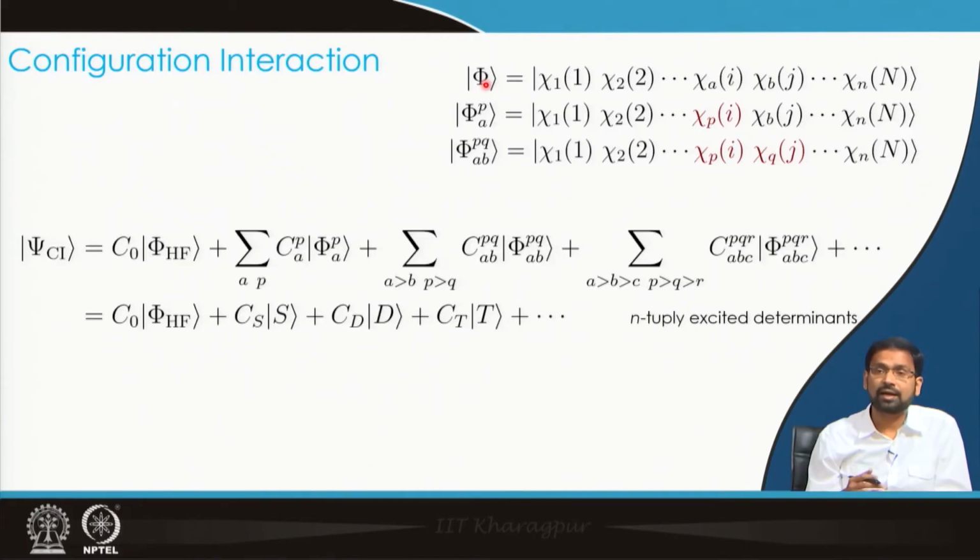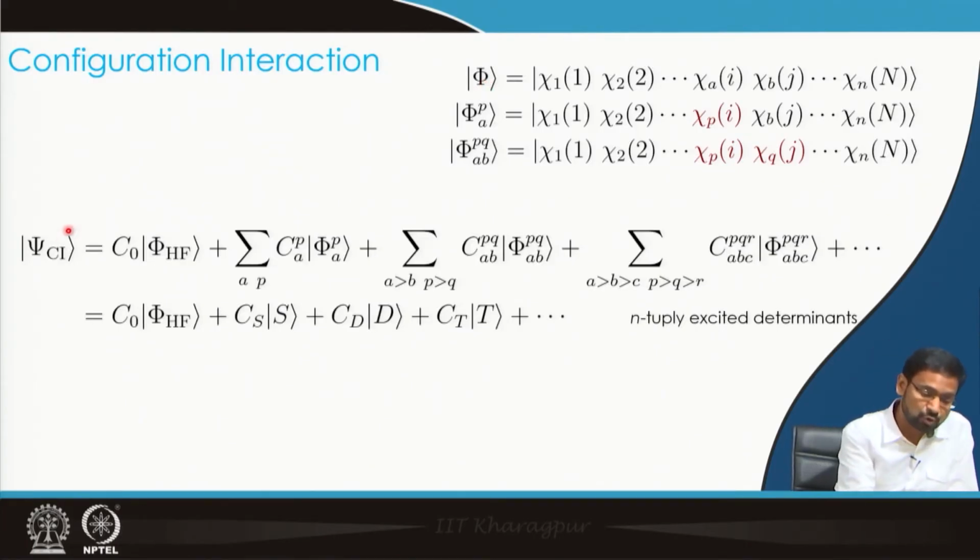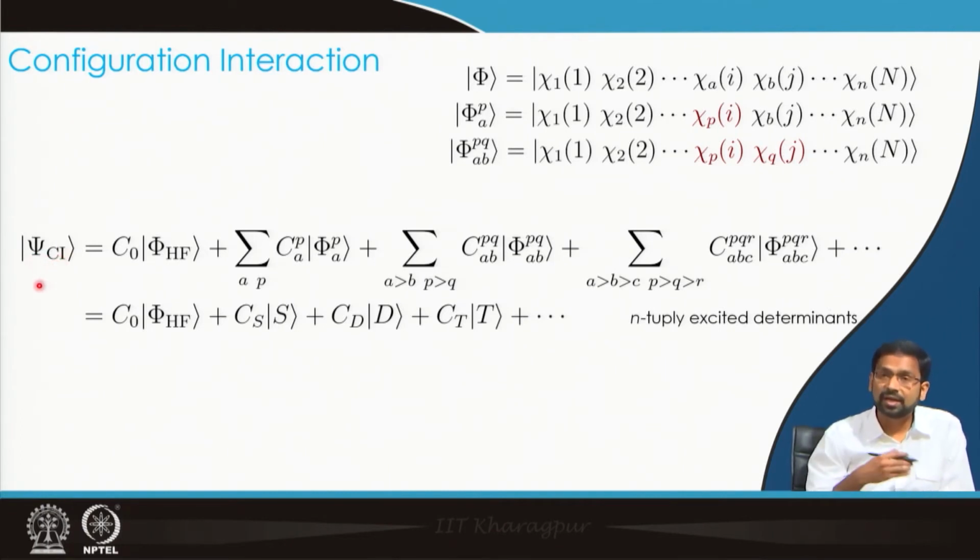Now, the configuration interaction approach says that the final wave function from the CI formalism, CI being short for configuration interaction, this psi CI, can be represented as a linear combination of all these 2k choose n Slater determinants. So, I have one term, that is the first Slater determinant that I constructed, the Hartree-Fock determinant.